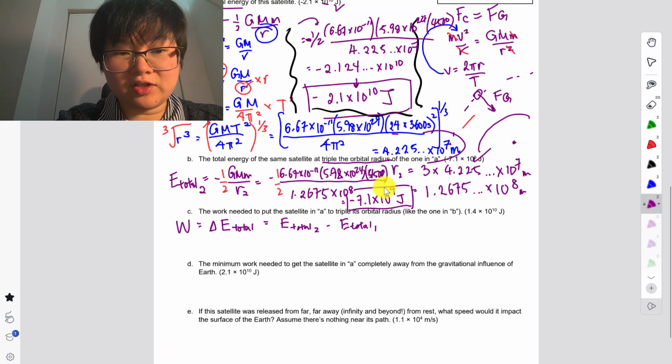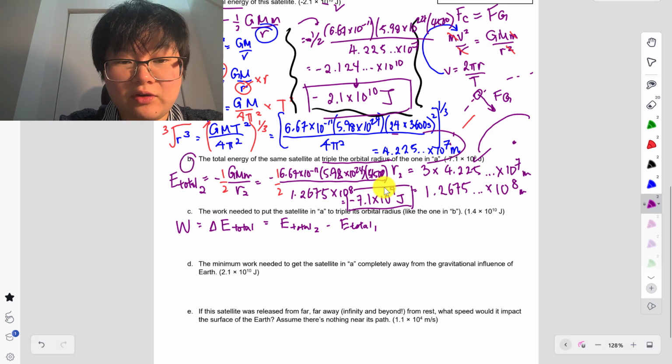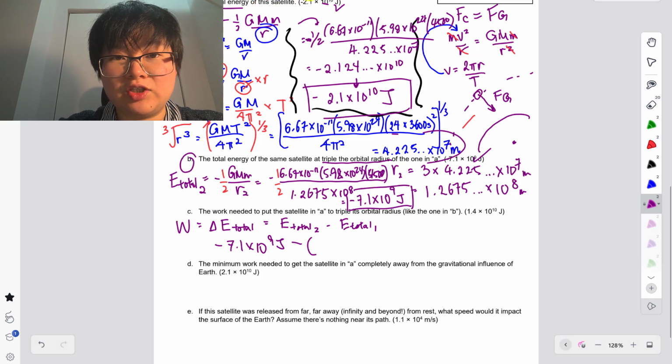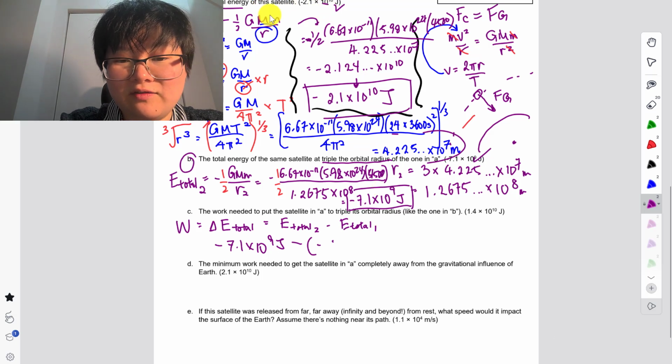We found total energy at point 2 in question B. That's going to be negative 7.1 times 10 to the power of 9 joules. Subtract total energy at point 1, which is when it was in geosynchronous orbit, negative 2.1 times 10 to the power of 10 joules.